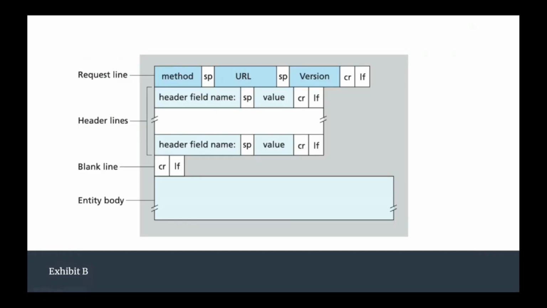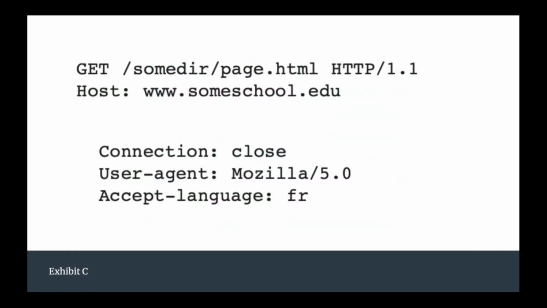Here's another breakdown of what an HTTP request looks like. As I already discussed, there's going to be a method in the request, a URL, some headers, and at the bottom, a body. Here's another example. The method it's using is GET.